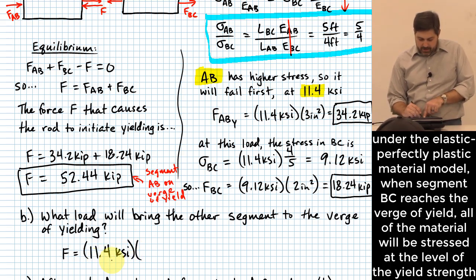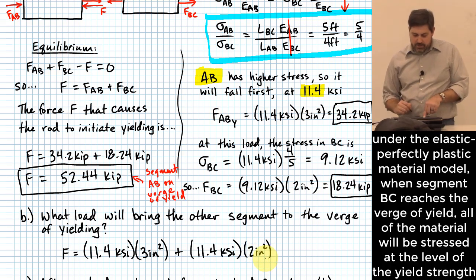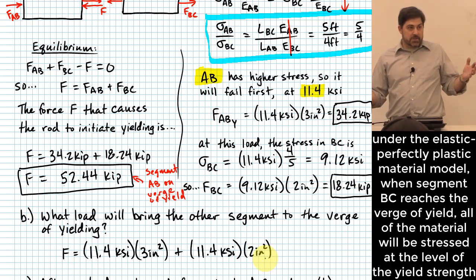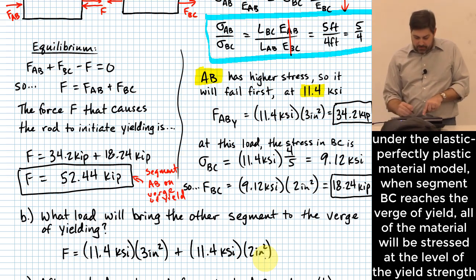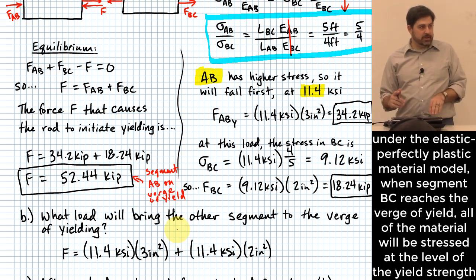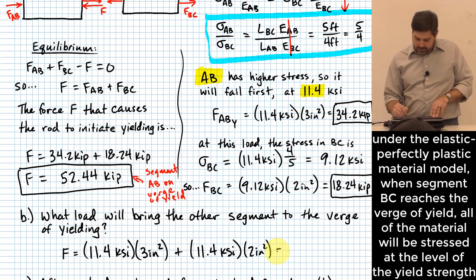So AB, the stress in that one multiplied by its cross-sectional area, plus the stress in BC, which is also the same, 11.4 KSI, because we're right on the verge of yielding, multiplied by 2 inches squared. This is it, right? Each of them is contributing the maximum amount of force that it can because each of them are right at the point where they are yielding. Okay? So if I put these together, this winds up being 57 kips.